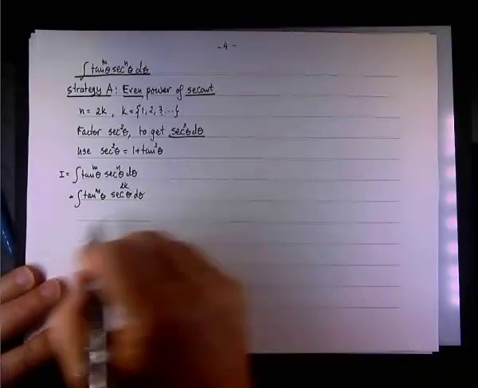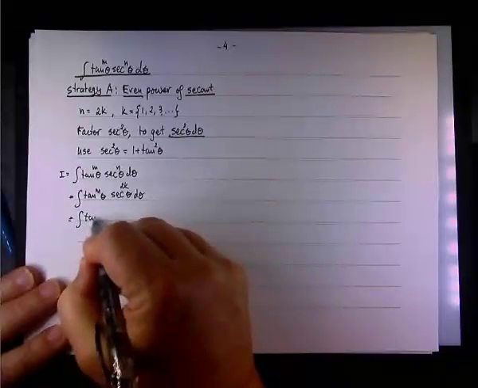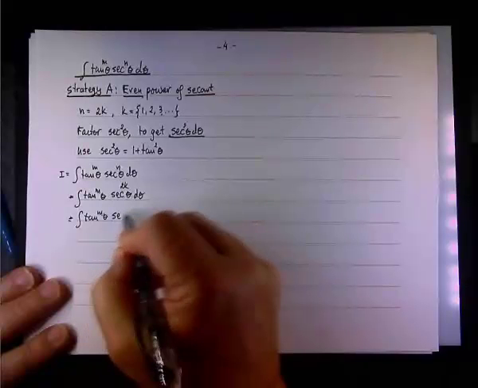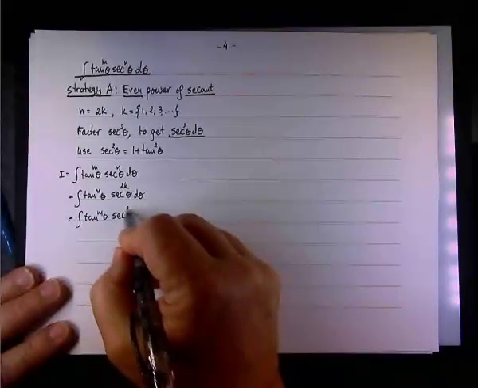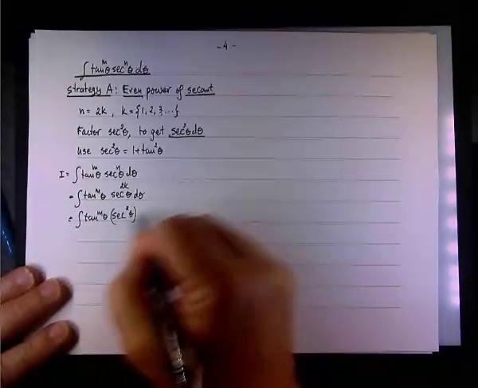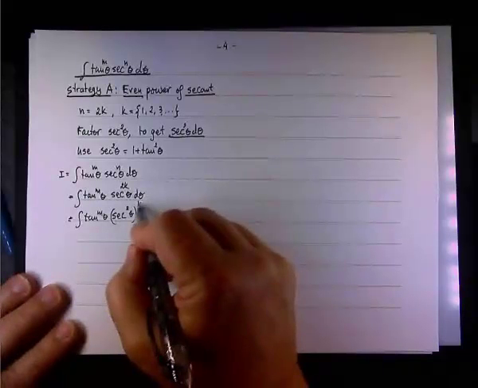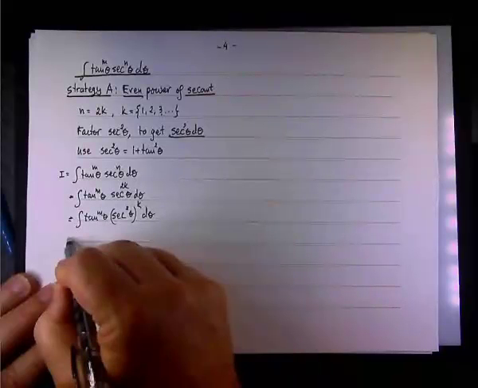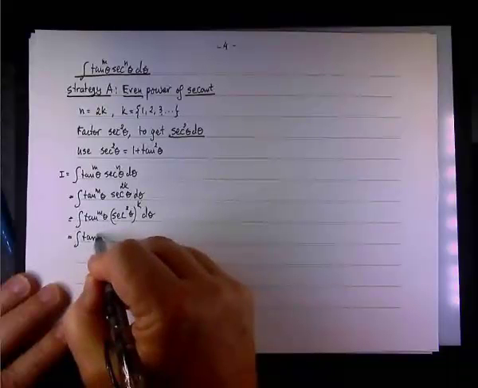But remember, I want to borrow secant squared. So what I'll do, I'll write it as secant squared theta raised to the power of k, like so.